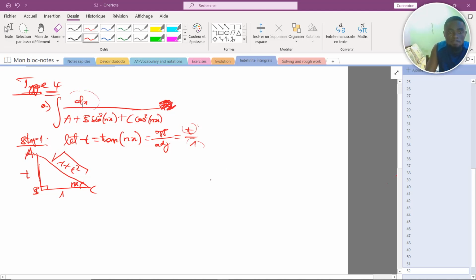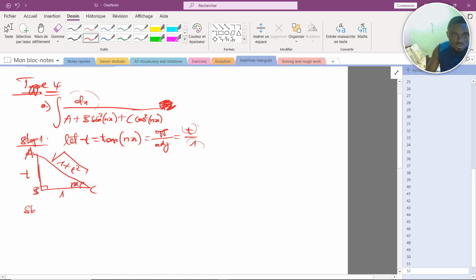And remember, if I write sine to the n of alpha x, it is the same thing as sine alpha x, all that to the n. Don't forget it. Okay, now let's find sine nx.